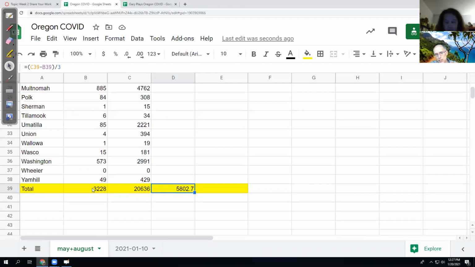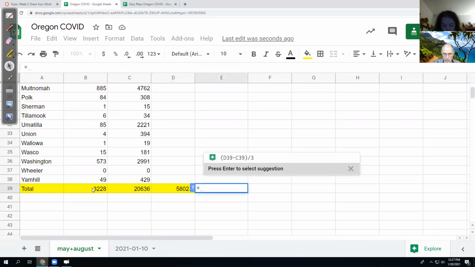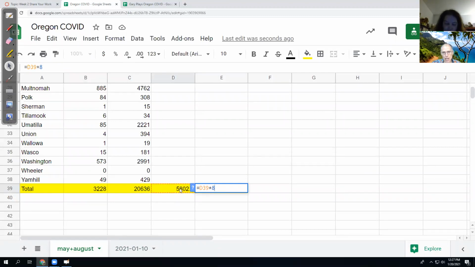If I then try to predict into January, I do the same idea. I take that monthly prediction, multiply it by 8 months, and then add that in May we started with 3,228. So this would give me a prediction for Oregon. Let's drop some decimals there to make it more readable and throw in some commas. Where's the comma button? Right there.